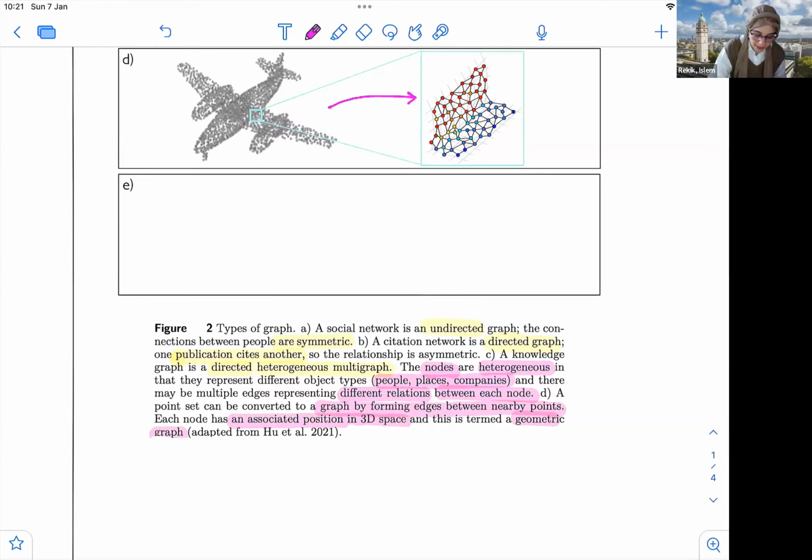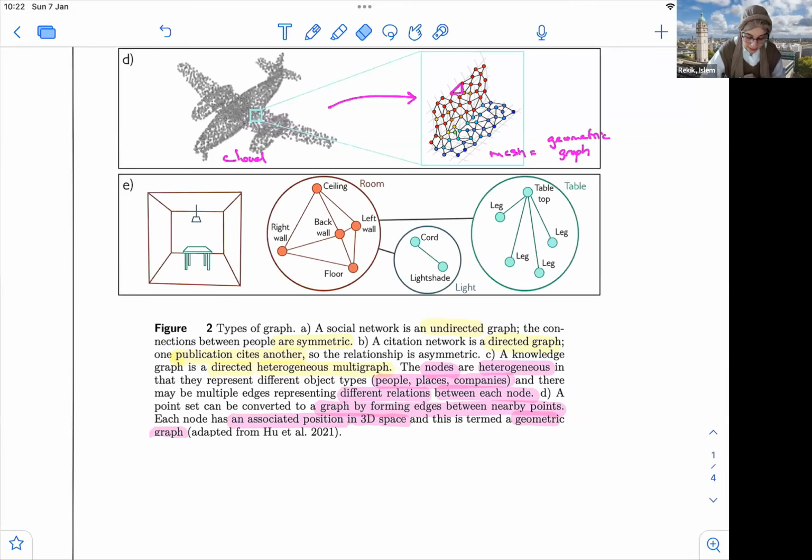If they're close, we define an edge between them. This is how we can transform a cloud of points into a mesh or a geometric graph, because it has a spatial neighborhood interpretation. So, a spatial graph or geometric graph.